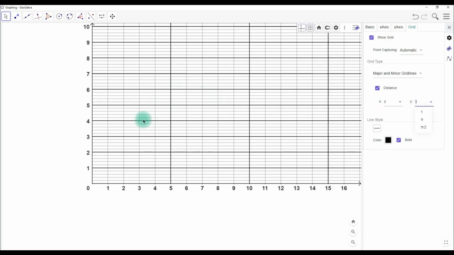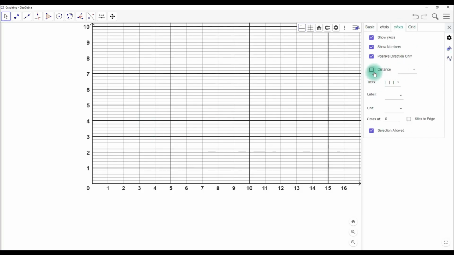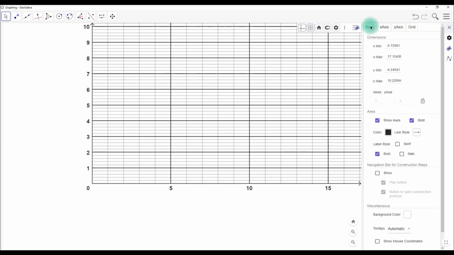You can see something changing, but I have to set everything in order. For the y-axis, I click on distance and indicate 1 unit for 1 square or 1 centimeter. Then for the x-axis, again I do the same, 5.0.